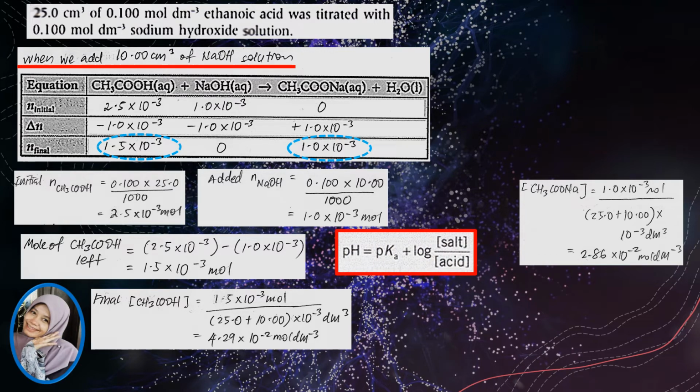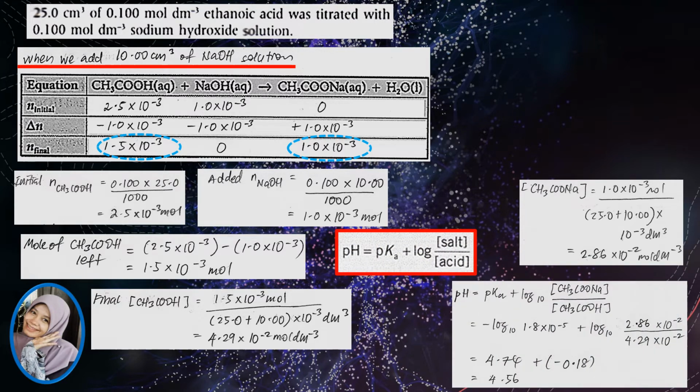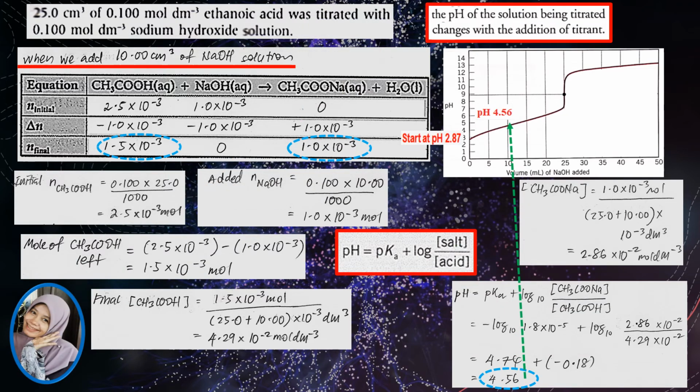Since this mixture solution is acidic buffer, we can use this equation to calculate the pH. So, the pH is 4.56. Now you can see that the pH of solution being titrated changes with the addition of titrant.